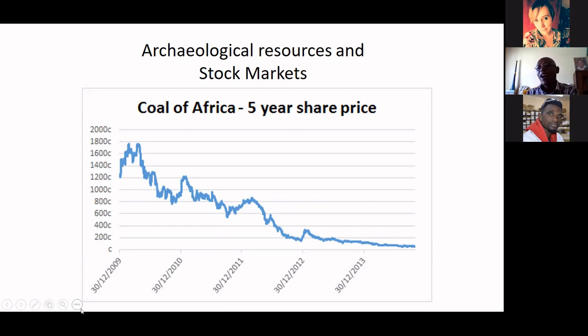And you can see on the graphs how the debates and the disagreements over heritage also affected the stock of that particular company.